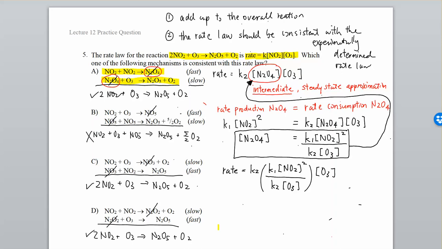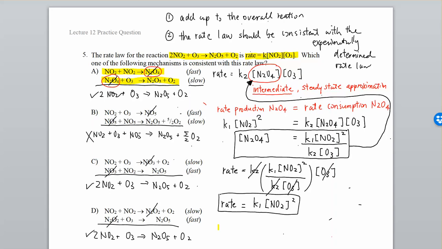Let's cancel some terms here. k2 cancels with k2, and the concentration of O3 cancels with the concentration of O3. So the rate law for the mechanism proposed in A is equal to rate constant k1 times NO2 squared.